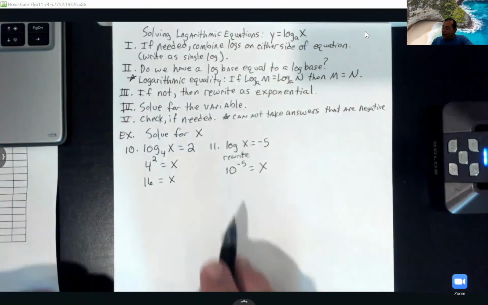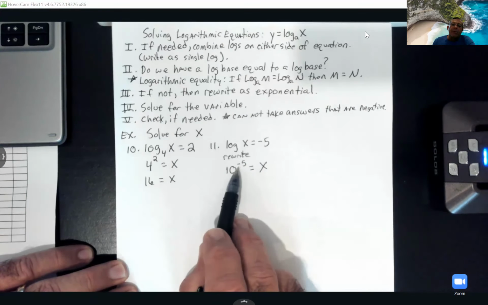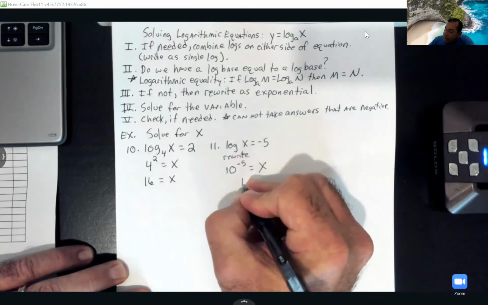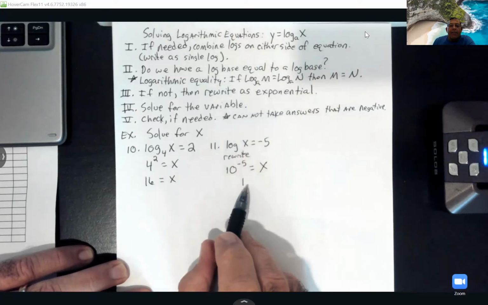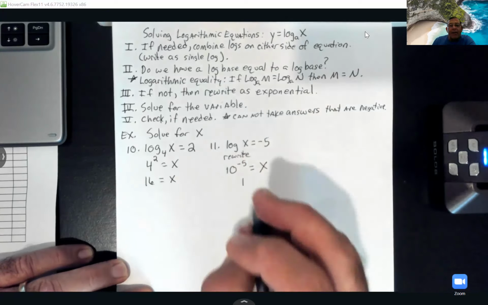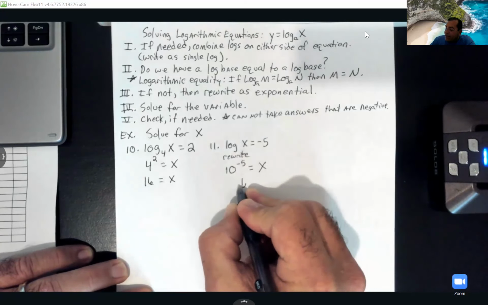So now we're pretty much done, but MyMathLab wants this as a decimal answer. So what this negative 5 means, if you had a 1 sitting here, and the decimal would be after the 1, since that's a negative 5, to write this in decimal form, you have to move left 5 spots.